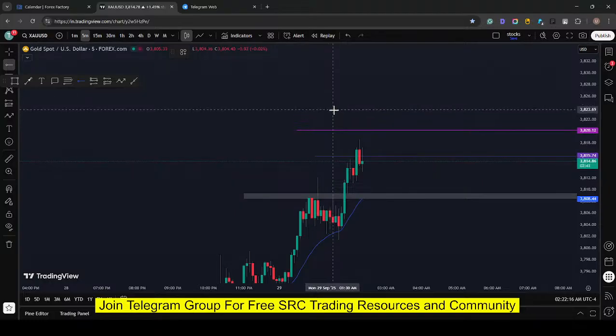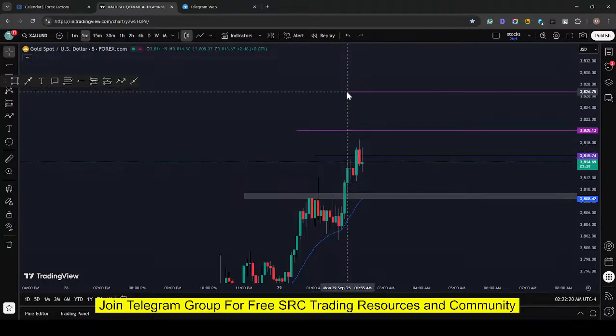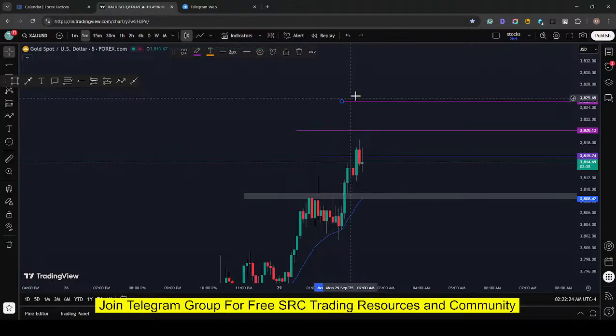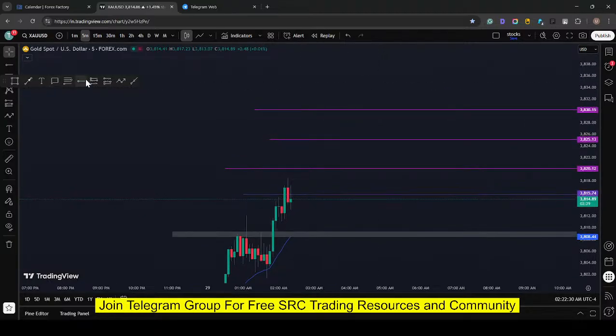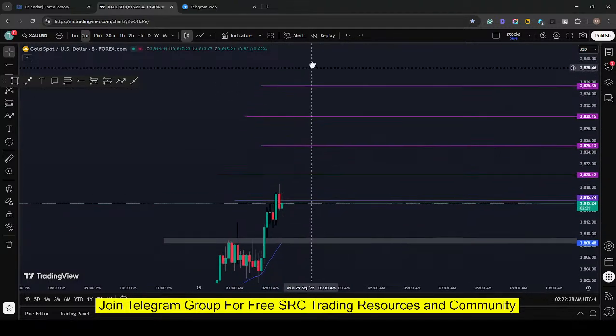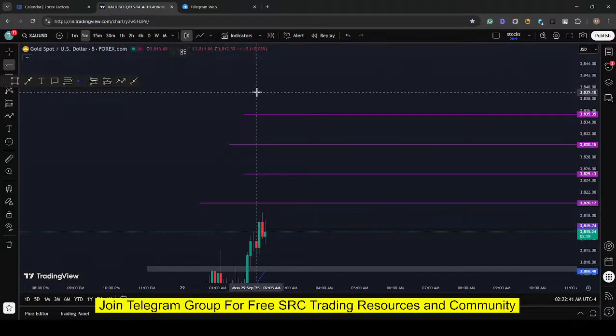I mark every $5, $10, and $20 as SR zones. $5, $10, and $20.